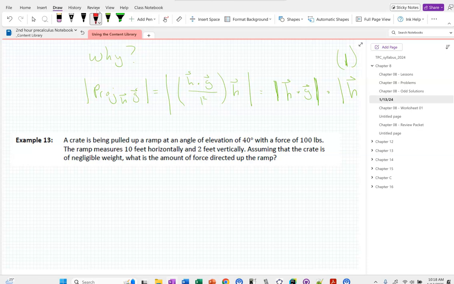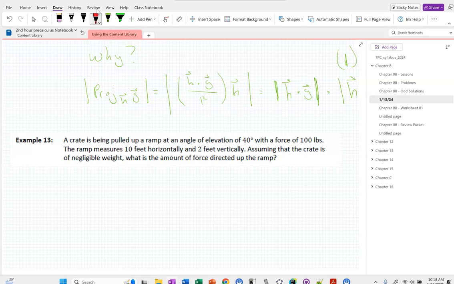So in this question, there is no gravity vector. What part of the directions tells me that there is no gravity vector? The crate is of negligible weight.